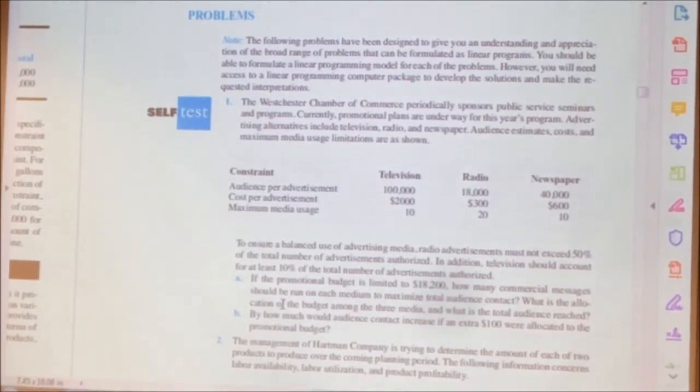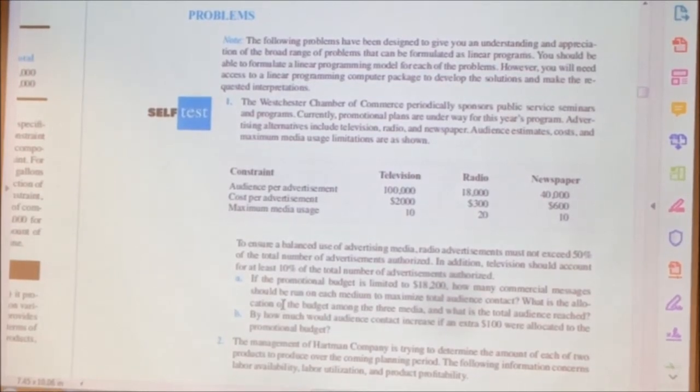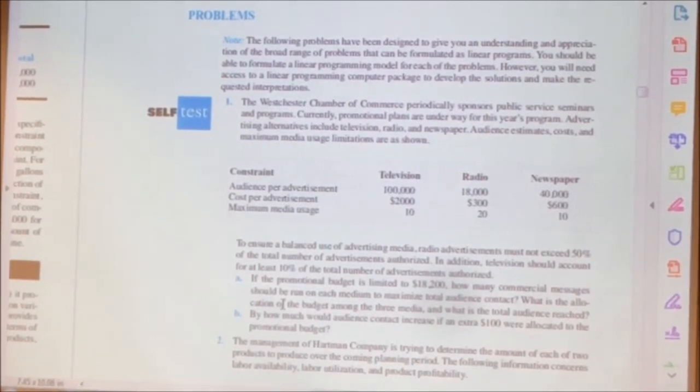There you go. T plus R plus N, it would represent all the ads. Radio must not exceed 50% of all the ads that are going to be offered. That's exactly the sentence, and I wrote it exactly.